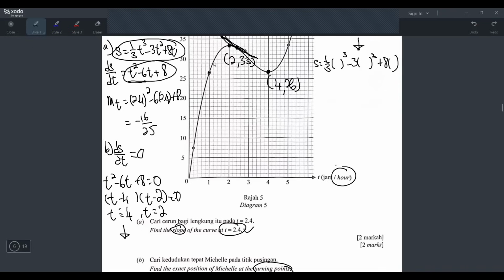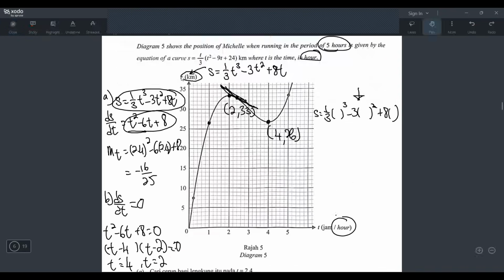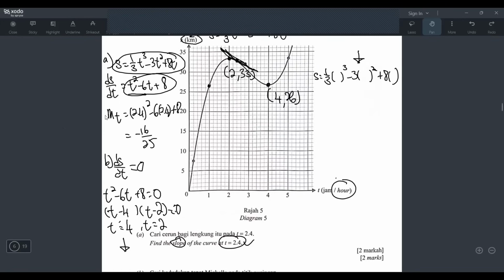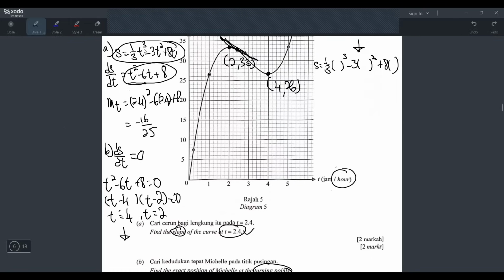But how to get the s coordinate, the y coordinate? The y coordinate will be my s lah, because the y-axis is s. That's why I sub inside the original equation. This will be 4, 4, 4. And then I'll get an answer here. But I have to do one more time for the other answer. T equals 2. So 1 over 3 bracket power 3 minus 3 bracket square plus 8t. But this time it will be 2, 2, 2.